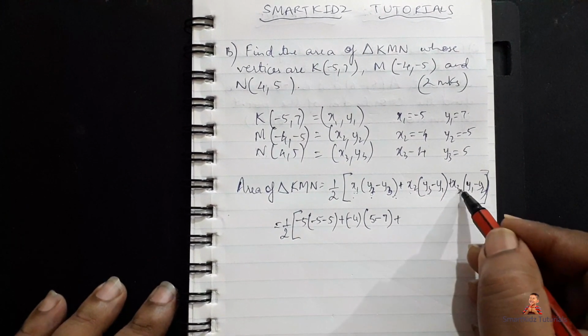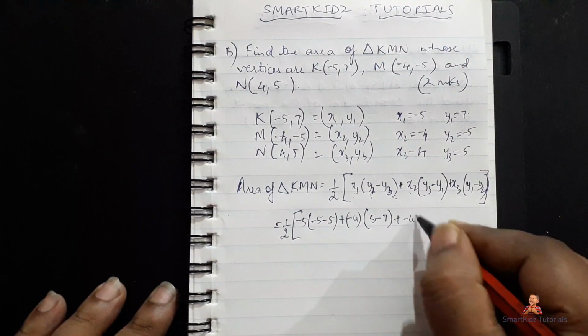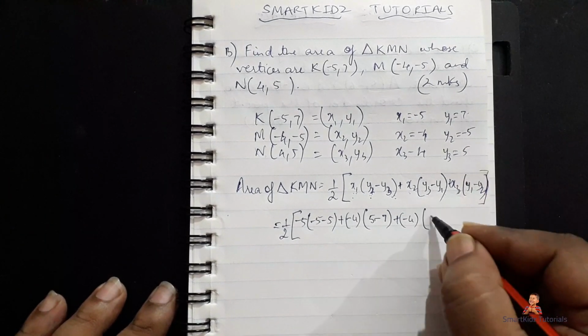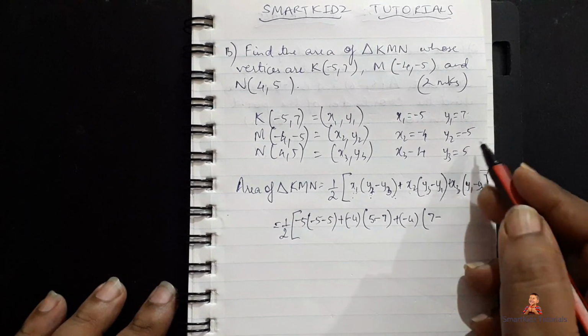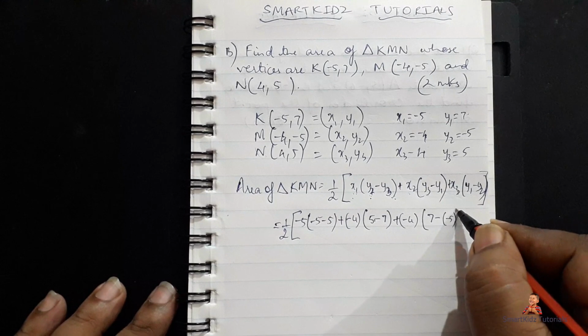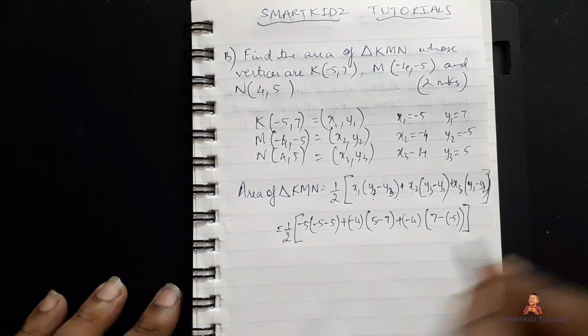Next we have x3, again I'll put this in the bracket. Then we have y1, which is 7, minus y2, which is also -5, I'll put this into another bracket, and I'll close the big bracket.